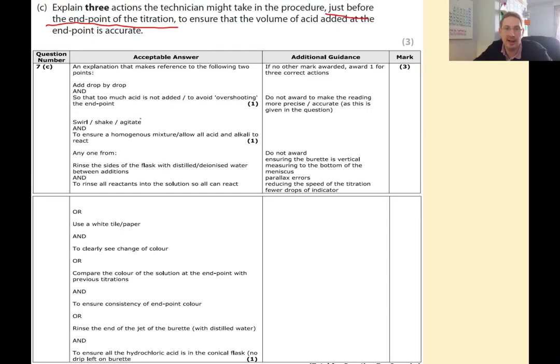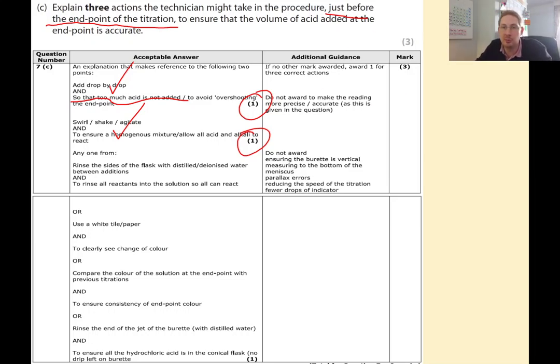So add drop by drop, you should have got that one. And it does say explain so that too much is not added. A second one you should have got is you should swirl it, shake it, or agitate it to ensure that the reaction is going well.